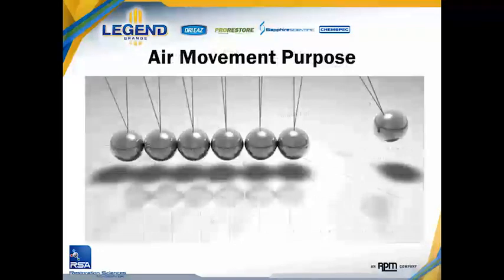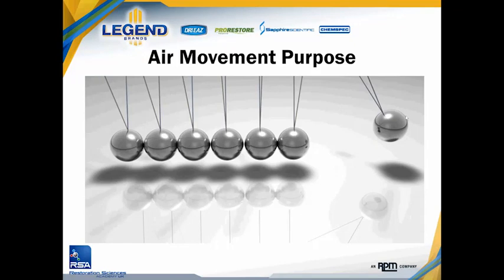So with that in mind, when we do install air movement, the air movement has to have the ability to directly impact or contact the wet evaporating surface. A good analogy for this is Newton's cradle. I'm sure most of you are familiar with Newton's cradle, but in this analogy we have a series of balls that are all tied together from a bar up on the top side.